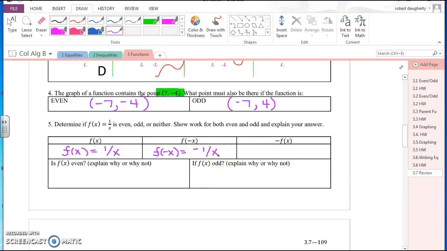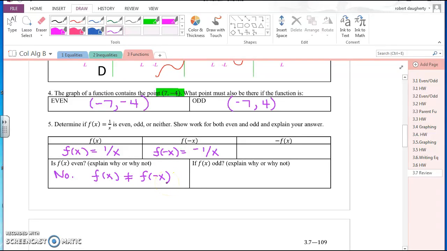Is the function even? The function would be even if f of x and f of -x were equal. If these first two columns match, my function would be even. So I know immediately my function is not even, because f of x does not equal f of -x.